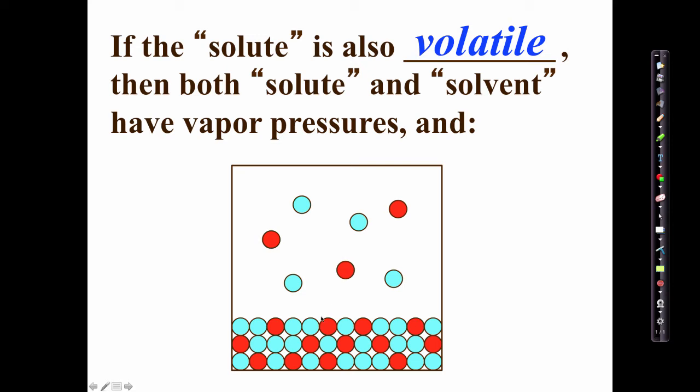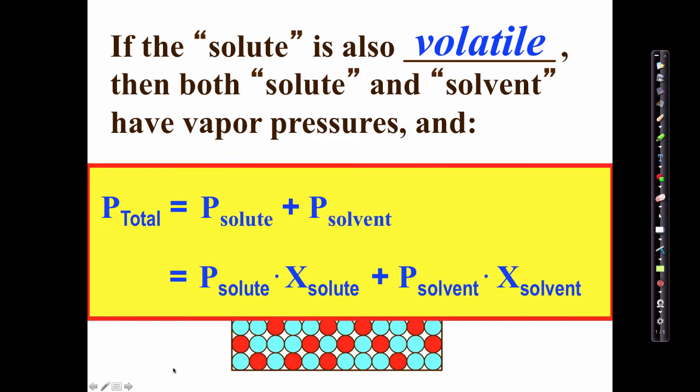And so the vapor pressure of the solution is going to depend upon both substances, and the relationship is shown here. The total vapor pressure of the solution is equal to the vapor pressure of the solute in the solution and the vapor pressure of the solvent in the solution.